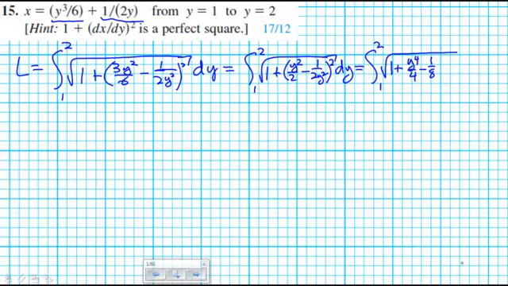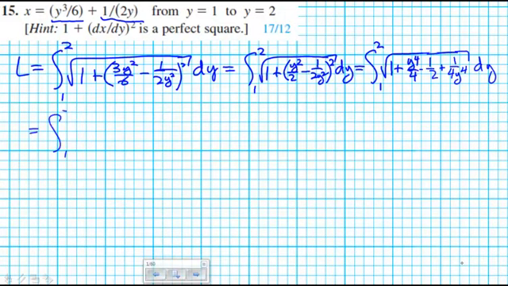Oh, double of 1/4 is 1/2. That's right. Negative 1/2. Yeah, that'll make it work out. And then plus 1 over 4y to the 4th. And then again, this is all dy.